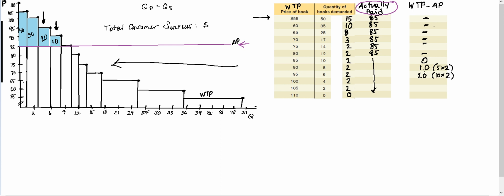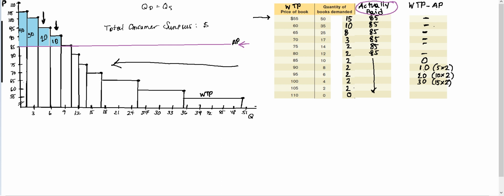And then finally you have 2 individuals who were willing to pay 105 for this book, but ended up paying 85, and so for each one of them, the market generated a consumer surplus of 20. So there's 2, and so the consumer surplus that was generated at a willingness to pay of 105 is actually 40, and I'll just put in parentheses 20 times 2.